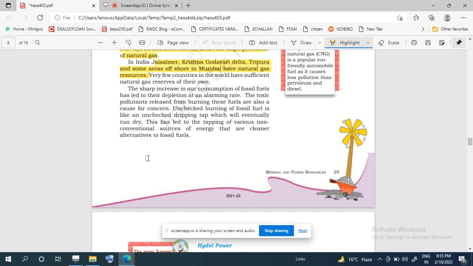So the consumption of fossil fuel is also increasing. But because of this increase in consumption, there is depletion of fossil fuel at an alarming rate.